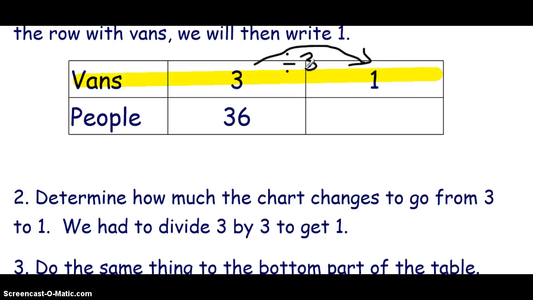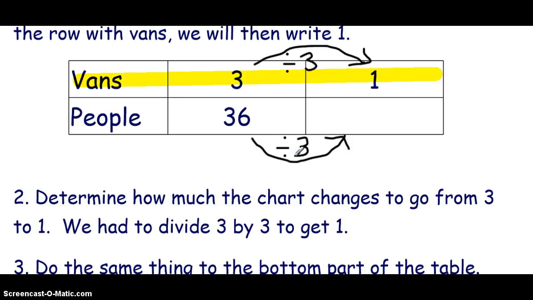Your operation is either going to be multiplication if your number gets bigger, or division if your number gets smaller. We are not adding or subtracting in this section. So here, because my number gets smaller, I know that I've divided 3 by 3 to get 1. Whatever I do to the top part of my rate, I'm going to apply the same operation to the bottom part of my rate.